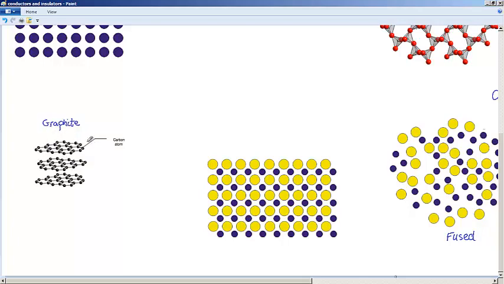Now, when the atoms of carbon come together to form graphite, as with metals, free electrons are released to travel between these hexagonal planes of atoms. So again, these result in graphite being a good conductor of heat and electricity.